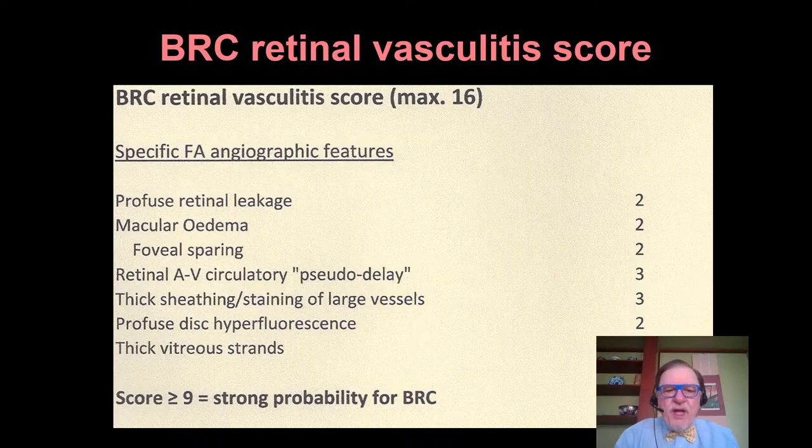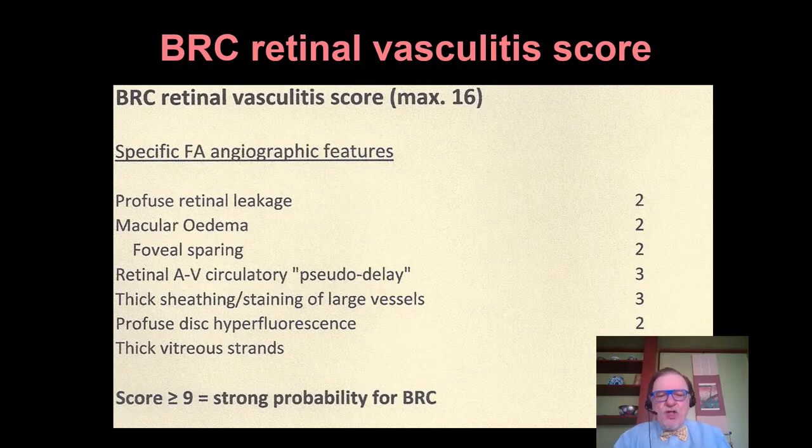We performed a score of retinal vasculitis, which is shown on this slide here. Profuse retinal leakage, edema, foveal sparing, pseudo-delay, sheathing, staining of large posterior vessels, profuse disc hyperfluorescence, and thick vitreous strands.